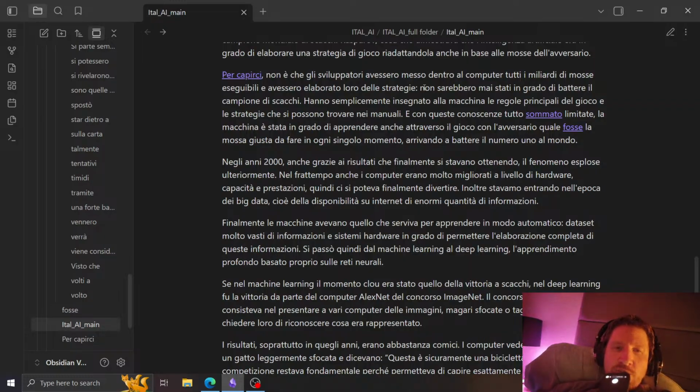In questa frase non capisco eseguibili e avessero elaborato loro delle strategie.